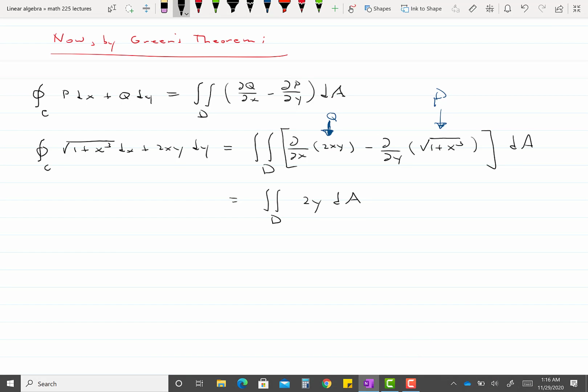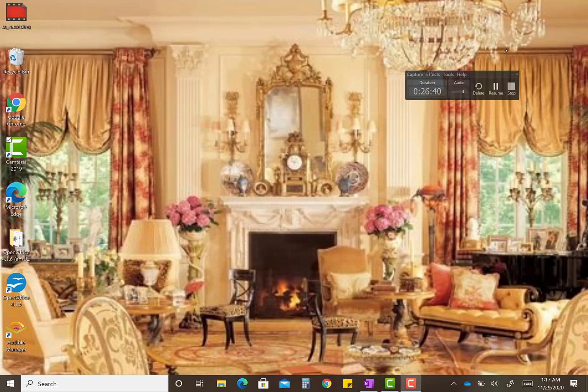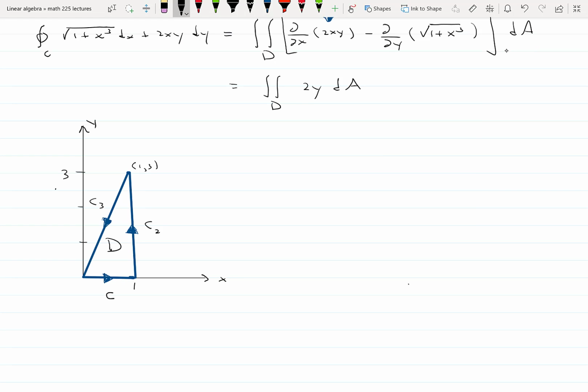I'm going to move our region down for us. Give me a second. So there's our region off to the left there. Look at that simple region. This can be interpreted as a type 1 region or a type 2 region, either one. Let's interpret this as a type 1 region. Function on top: there's the function on top. It's just a line. What's the equation of that line? y equals what?